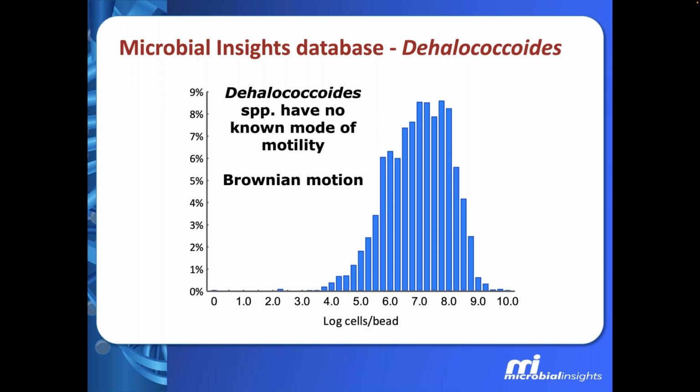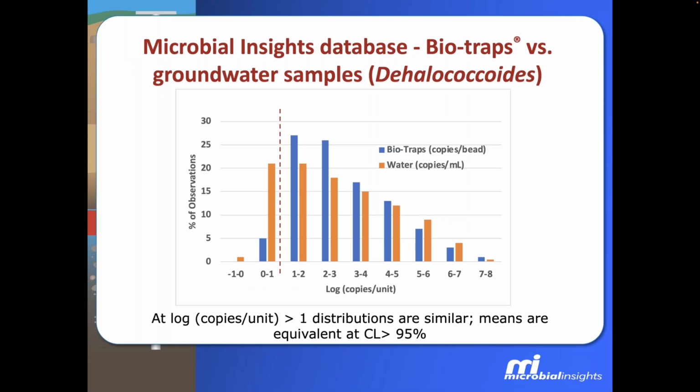What you're looking at here is a histogram taken from the Microbial Insights database, specifically of a number of sites where we knew active degradation, or reductive dechlorination, of halogenated hydrocarbons was going on, showing you some of the numbers that we're seeing in terms of concentrations of the Dehalococcoides in the beads, and obviously they're quite high in those types of situations.